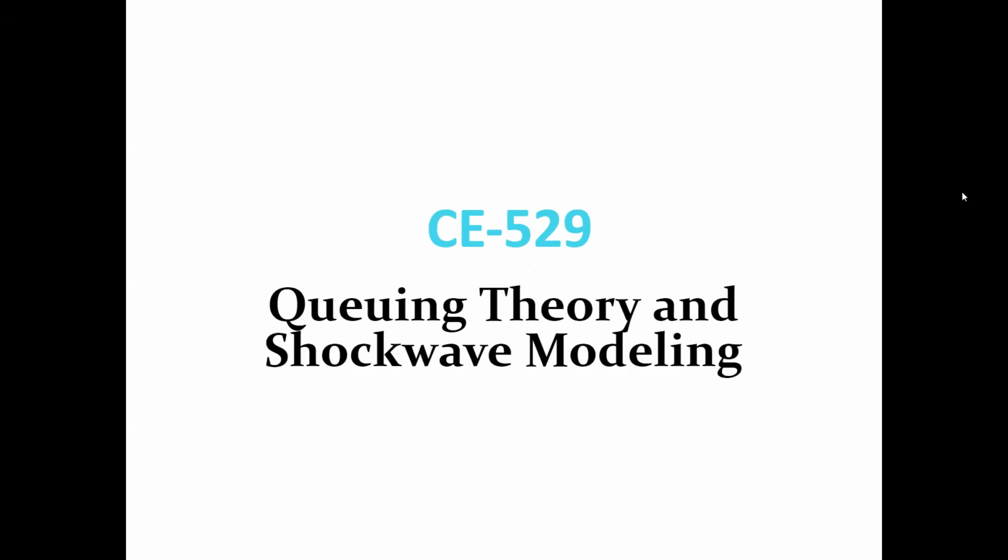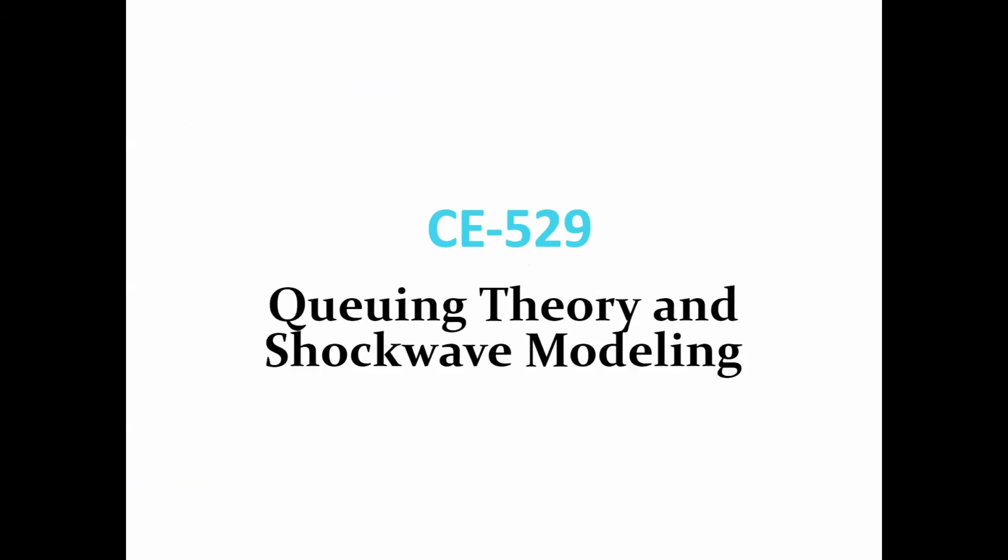Okay, so as you can see, the queuing theory part is the micro level part, and then the shockwave modeling is the macro level. And again, like we did when we were doing the car following models, we'll still try to establish some sort of consistency. Is there a relationship between the two? Are they consistent with each other?